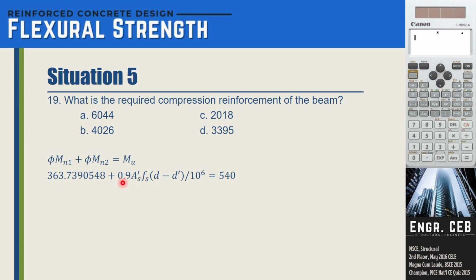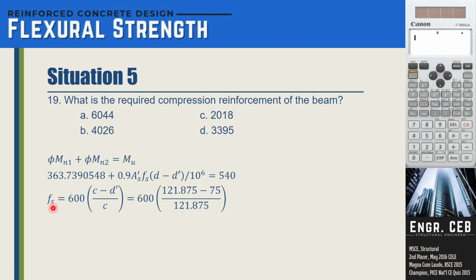So we have 0.9 As' times fs times (d minus d'). I divided it by 10 to the 6 because the unit would otherwise come out in newton millimeter, so that the units will be kilonewton meter. Then we equate that to 540.